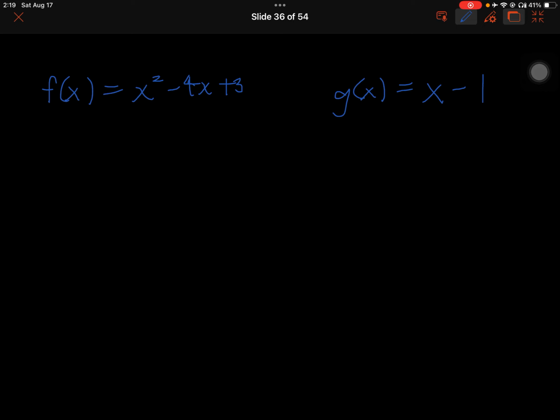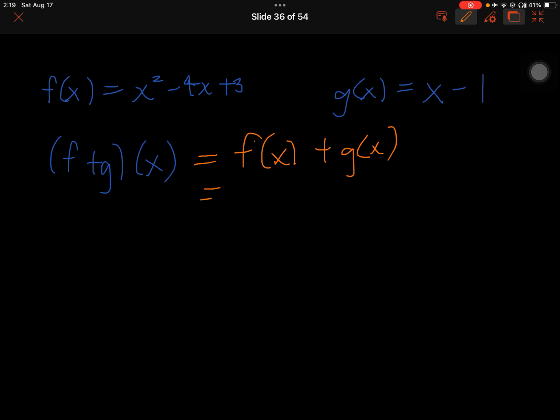So now we have to find first the addition. So f plus g of x. For this, again, we have to separate them for us to substitute. So f of x plus g of x. This is equivalent to x squared minus 4x plus 3 plus x minus 1.